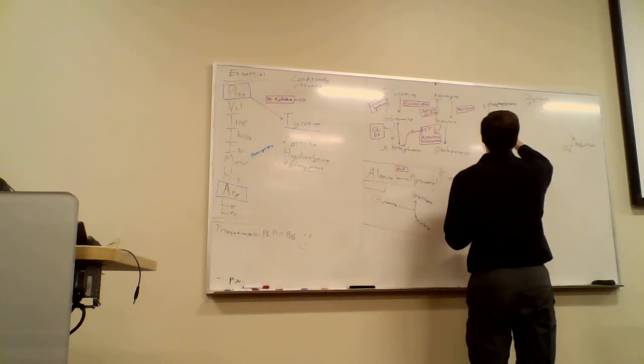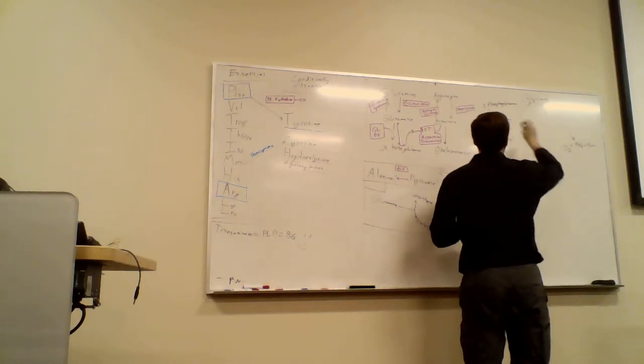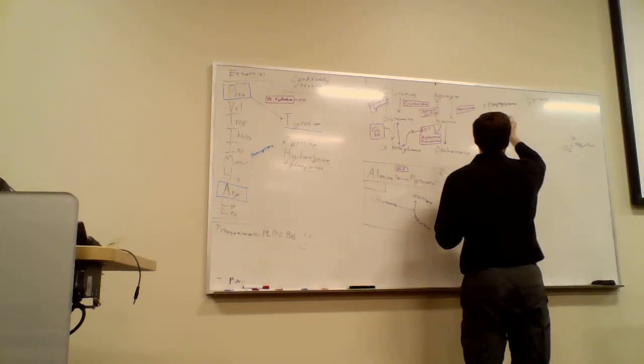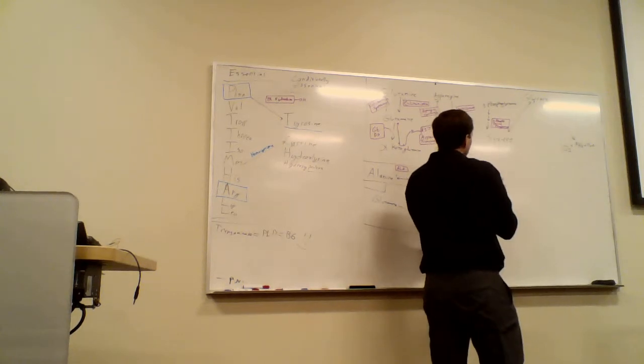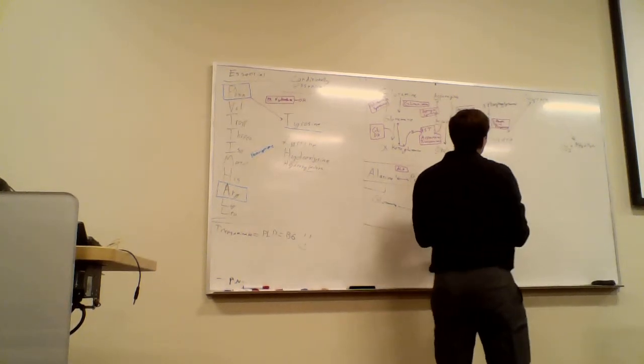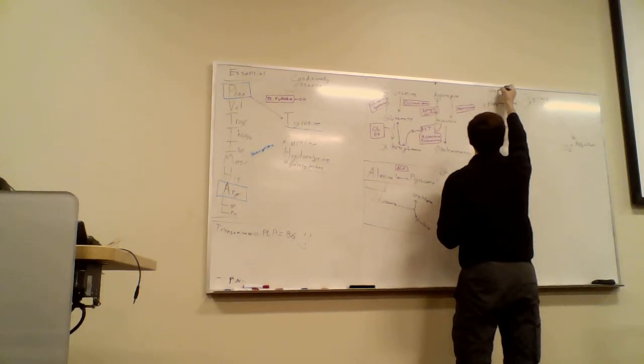All right, then we'll write that one up right here, and that'll give it a nice spot that blends into this picture. 3-phosphoserine phosphatase. And 3-phosphoglycerate, so we'll put glycolysis up here.